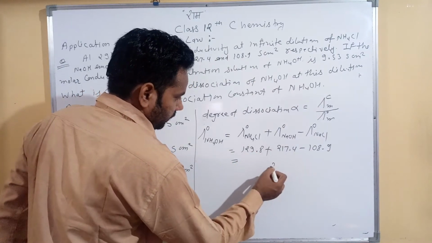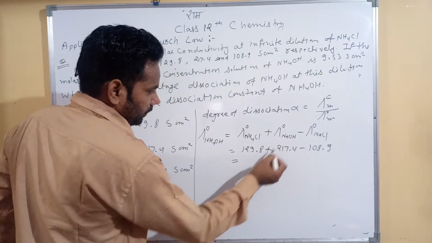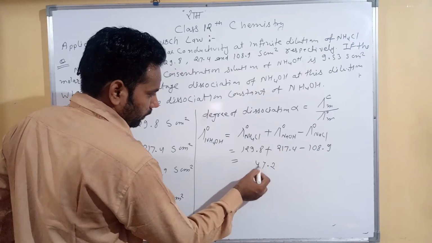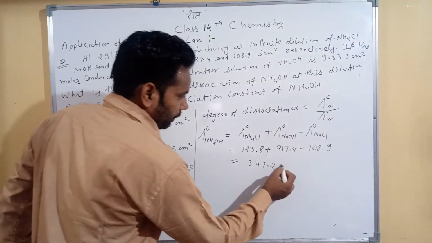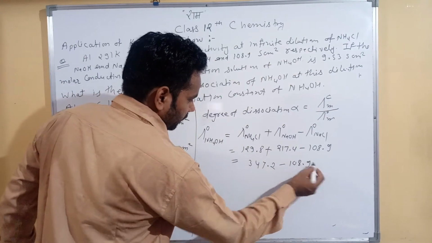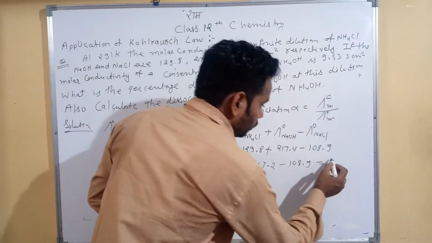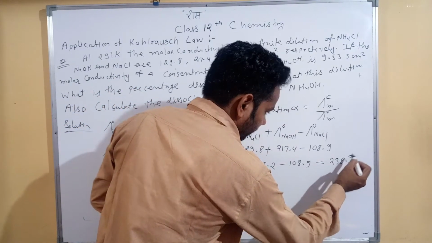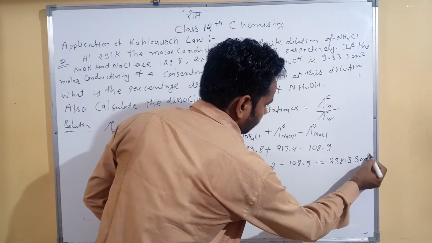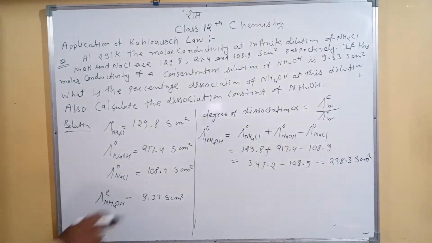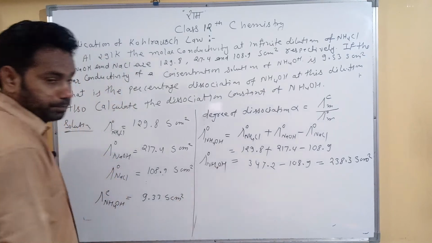Then I get the value 238.3 Siemens centimeter square. Okay, then I have the limiting molar conductivity for ammonium hydroxide.